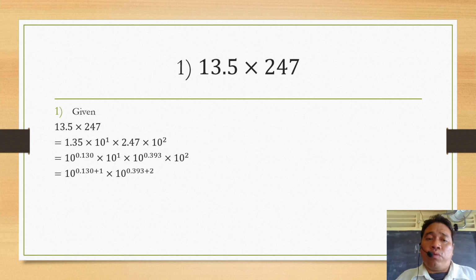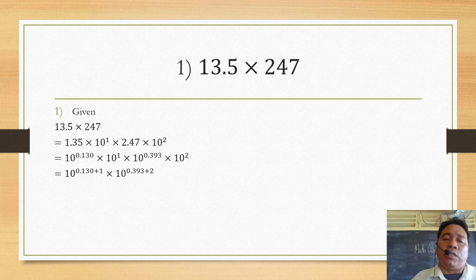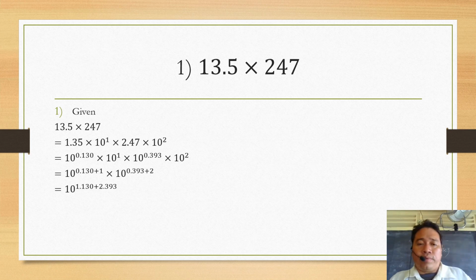Since we're multiplying two numbers with the same base but different powers, we keep the base and we add the powers. Remember, we can only add two numbers at any given time. So it equals 10 raised to the 0.130 plus 1 times 10 to the 0.393 plus 2, which in our next step equals 10 raised to the 1.130 plus 2.393.